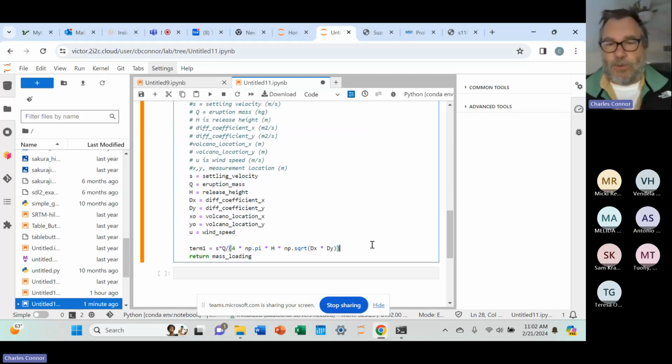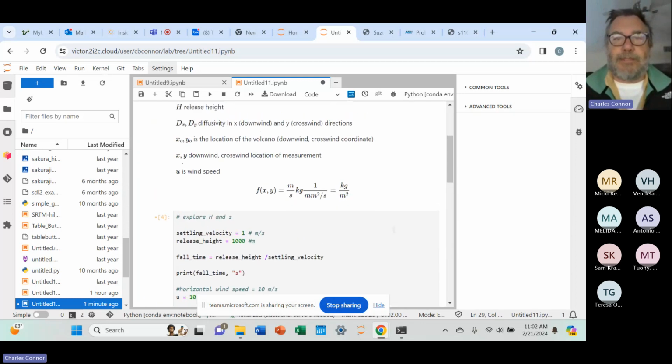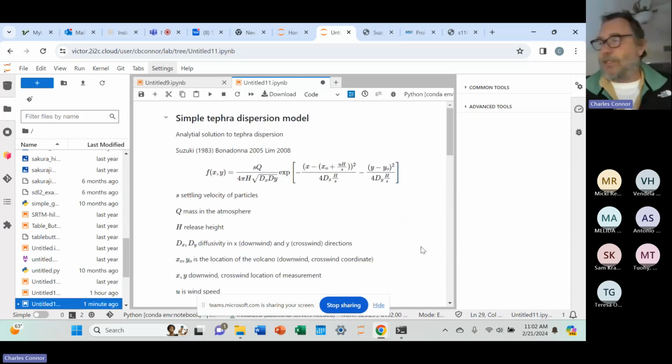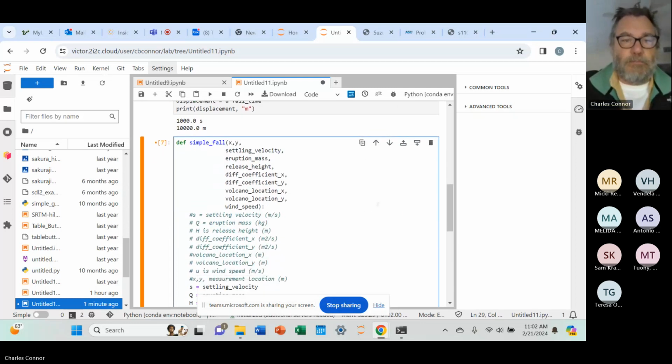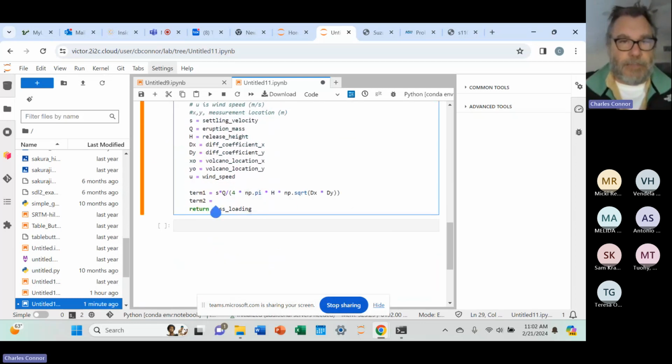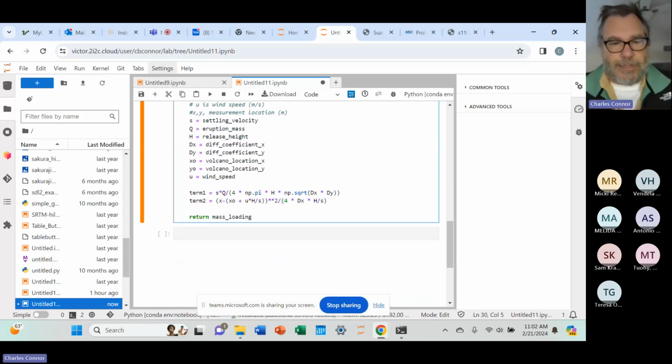And I'm going to say term 2 is equal to this x term right inside the exponential. So I'm going to drop that in there. And I'm going to say term 3 is equal to that y term in the exponential.